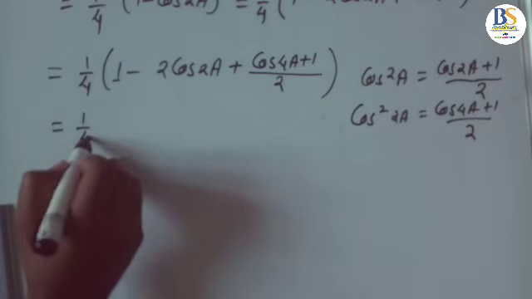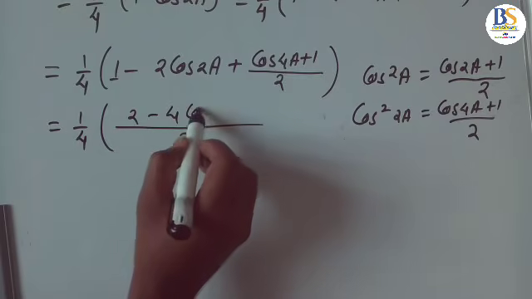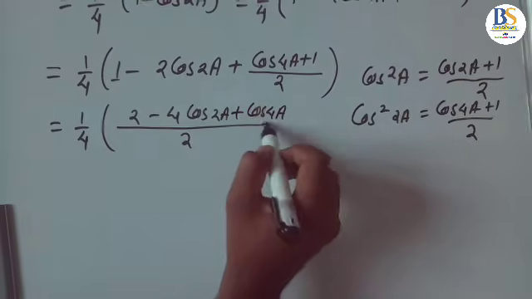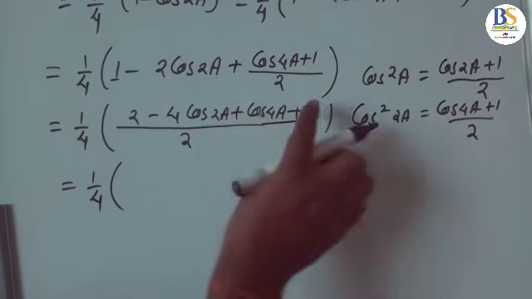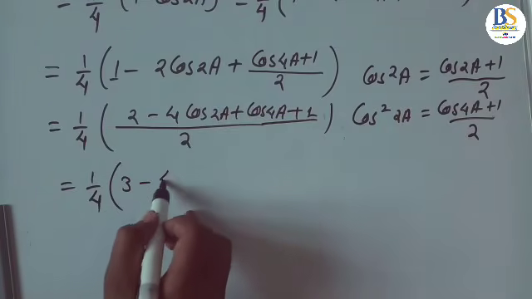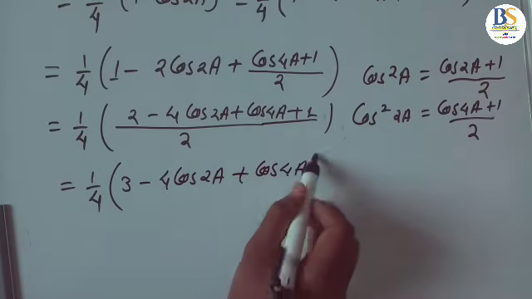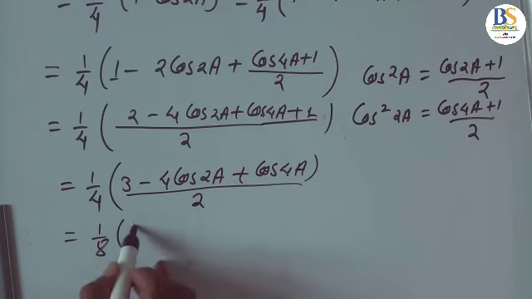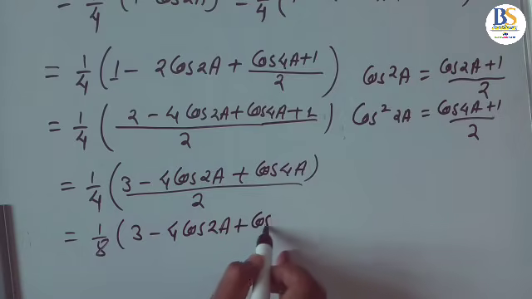Okay, solve by taking LCM. 1 by 4, LCM is 2: 2 minus 4 cos 2a plus cos 4a plus 1. Then 1 by 4, 2 plus 1 is 3: 3 minus 4 cos 2a plus cos 4a divided by 2. This is equal to 1 by 8 times 3 minus 4 cos 2a plus cos 4a. RHS.